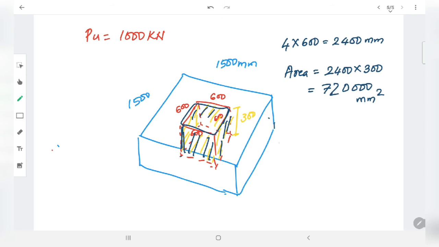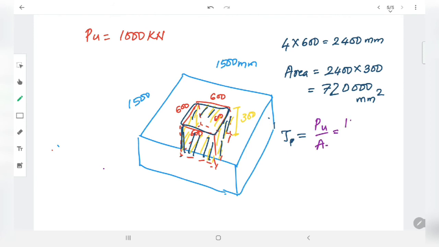Whereas I need to find out the punching shear stress, that is nothing but, I can write the shear stress in the form of tau p, meaning the punching shear, or here you can calculate load by area.